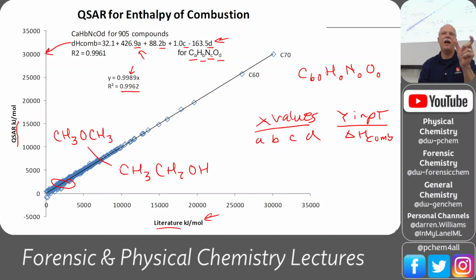So there's going to be some scatter for those kinds of structural isomers. There's only one enthalpy of combustion calculated by my model, but the literature value shows a slight difference between those, but not very much difference. So that's an equation that you can use. There's at least one calculation on the homework where you're asked about the enthalpy of combustion. Use this equation from the notes.